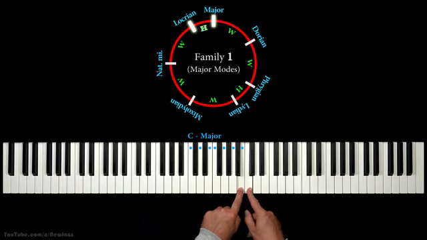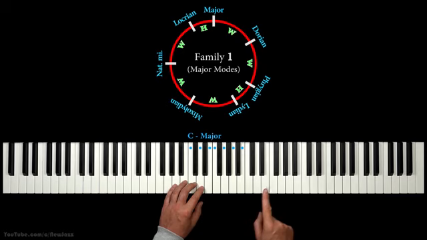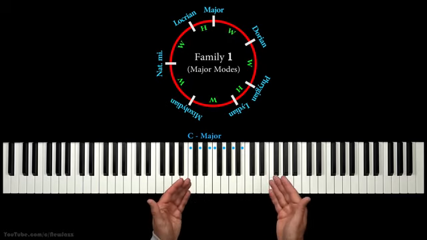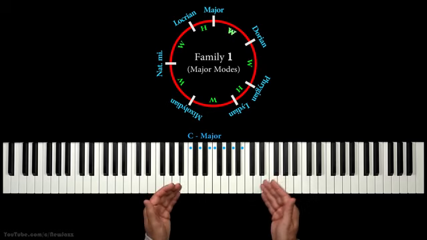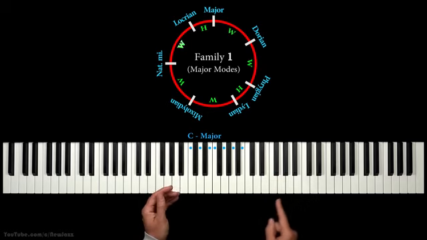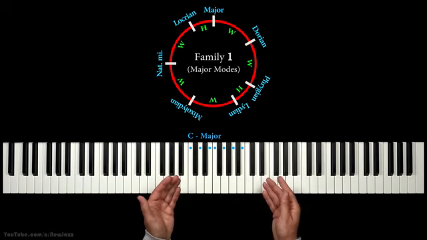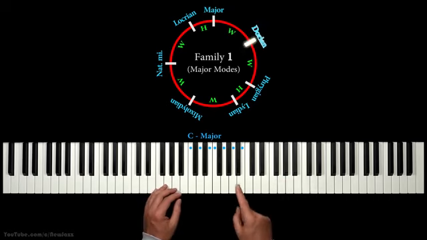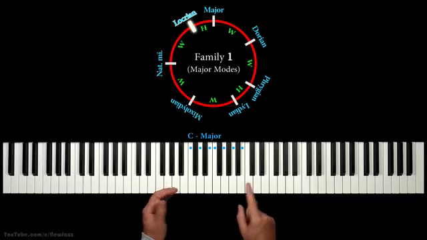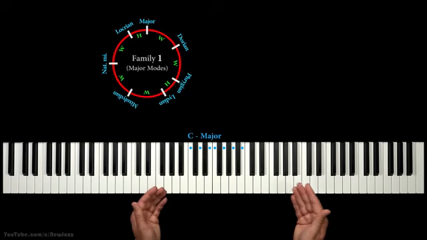On our circle, we have written down the interval steps. So, all the scale members of a family have the same circular interval pattern, right? The individual scales just have different starting points on that pattern.